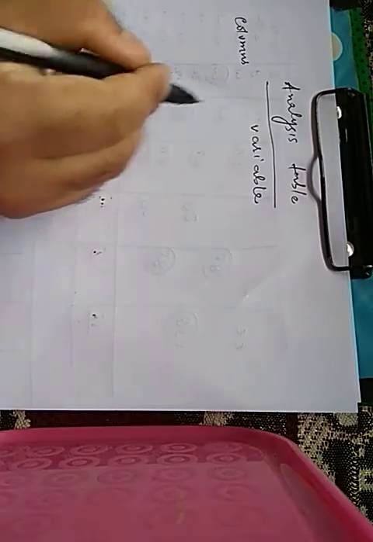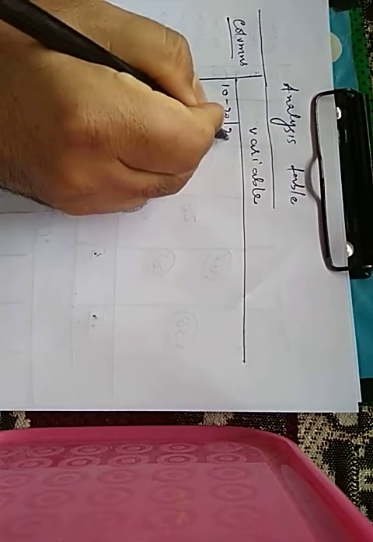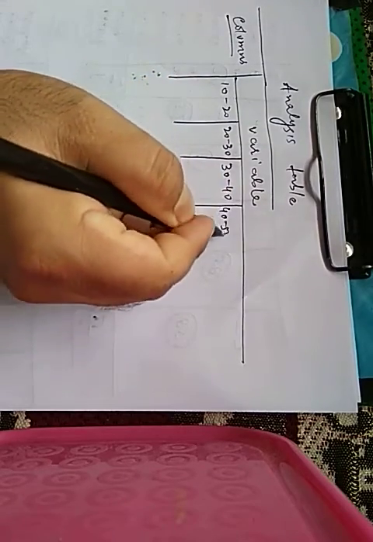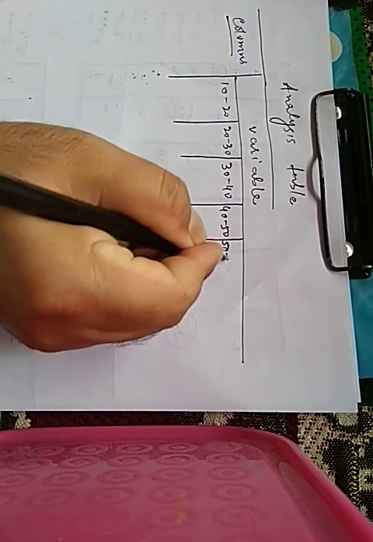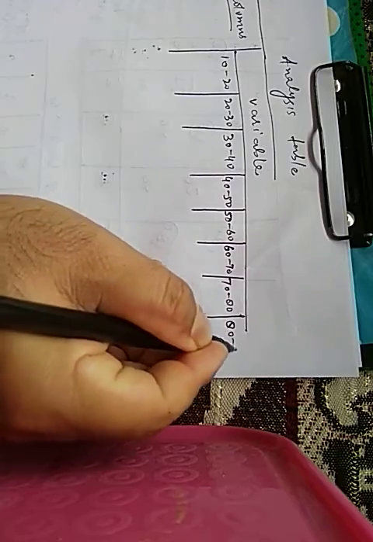First we will write columns, और यहाँ पे हम लेंगे value of variable, and value of variable is given as 10 to 20, 20 to 30, 30 to 40, 40 to 50, 50 to 60, 60 to 70, 70 to 80, and last one is 80 to 90.